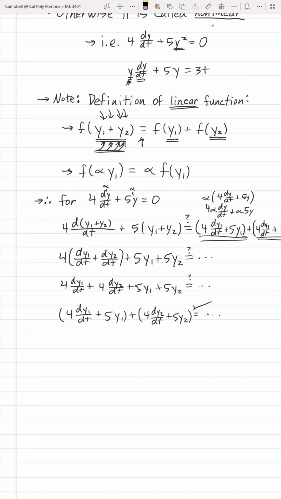And so, what do we know? If I multiply y by a scalar alpha and then take the derivative, that scalar just comes right on through, and sure enough, this is exactly what we would get. So we can see that, as per the definition, this is a linear differential equation.